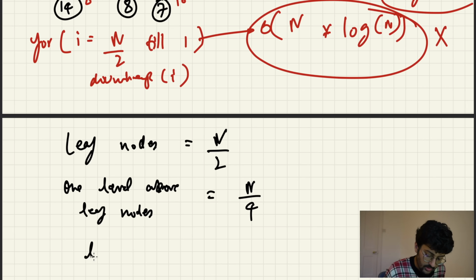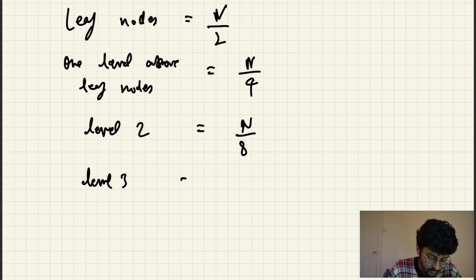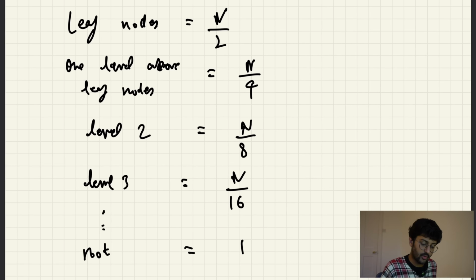Level 1 has n by 4. Level 2 will have n by 4 divided by 2, n by 8. Level 3 will have n by 8 divided by 2, n by 16. Similarly, the root level will have just 1. For the leaf nodes, the number of comparisons is 0. For one level above, it takes some constant amount of time c.